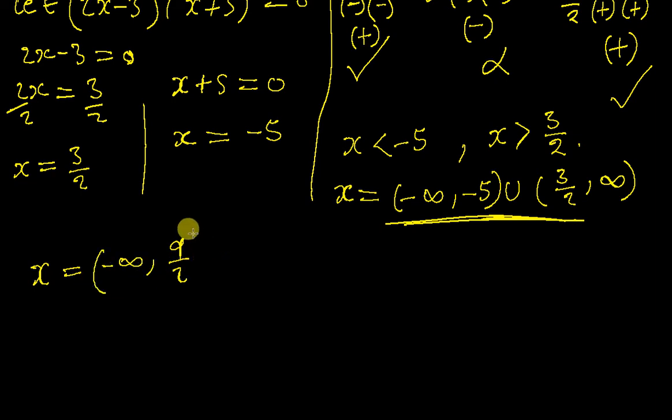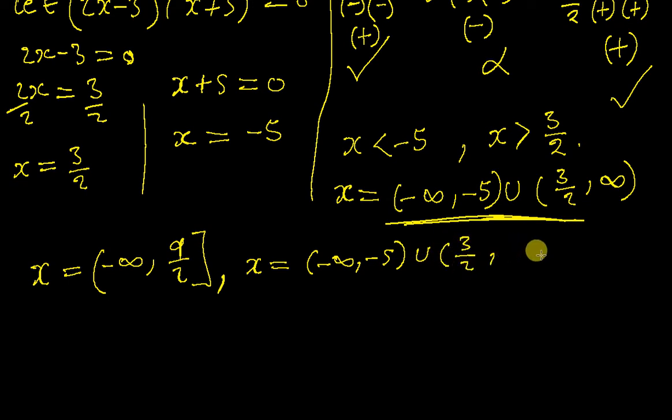And the other solution set that we have is x from negative infinity to -5, union from 3/2 to positive infinity. So these are the two solution sets that we're going to use to find the answer for part 3.